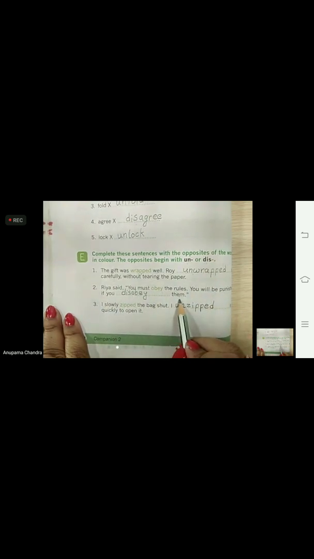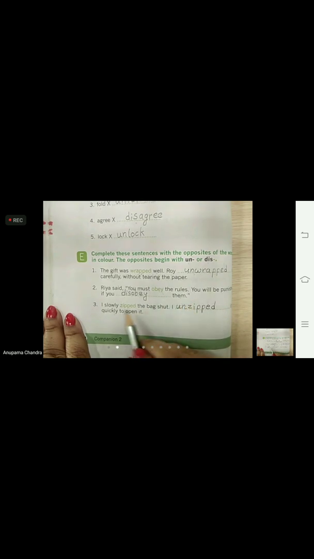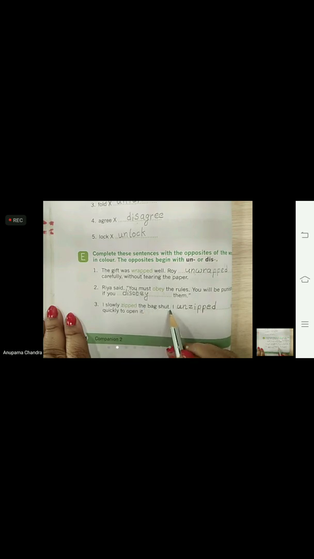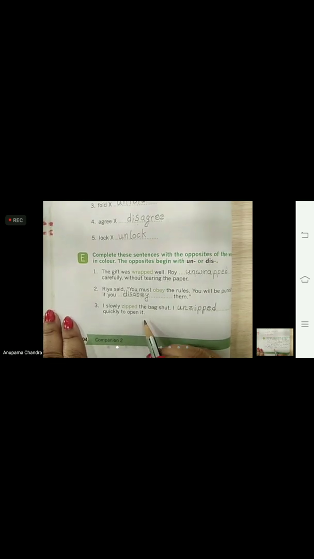Roy unwrapped carefully without tearing the paper. Ria said, "You must obey the rules or you will be punished if you disobey them." And the third one is, I slowly zipped the bag shut. I unzipped it quickly to open it. So here the opposites are wrapped, unwrapped, obey, disobey, zipped, unzipped.